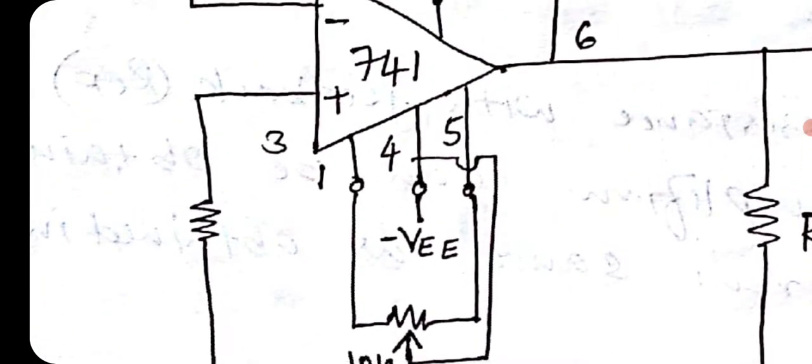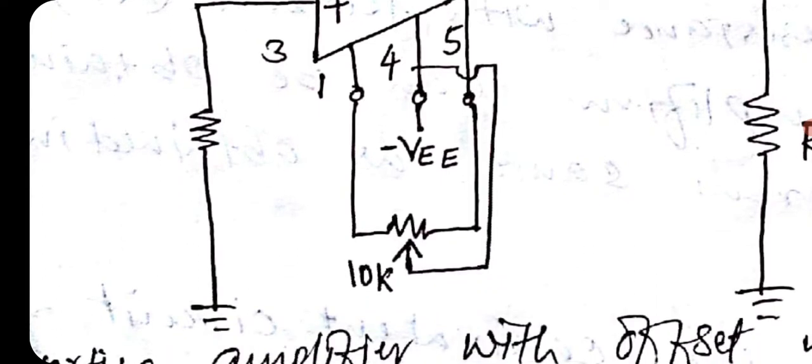The numbers you see, 3, 1, 4, 5, are the pin numbers of the 741 IC. Pin number 4 is connected to minus VEE. Pin number 1 and 5 are shorted with a resistor. Can you see? And that minus VEE voltage is applied to this resistor with a variable.